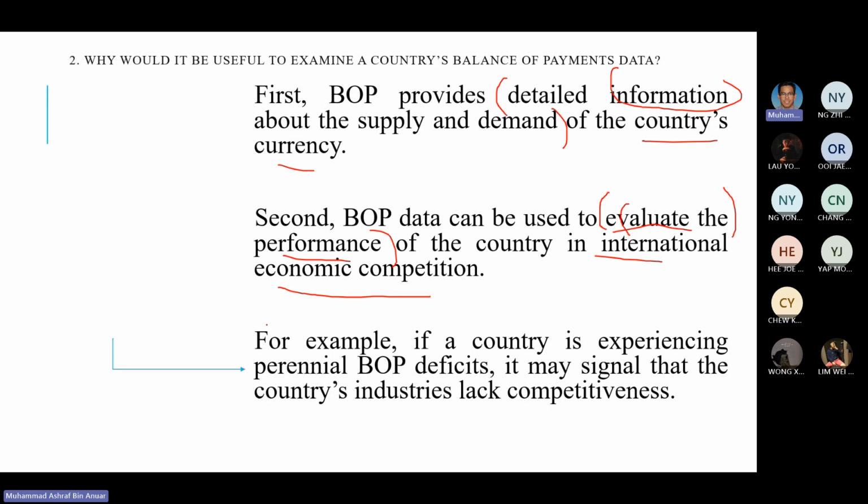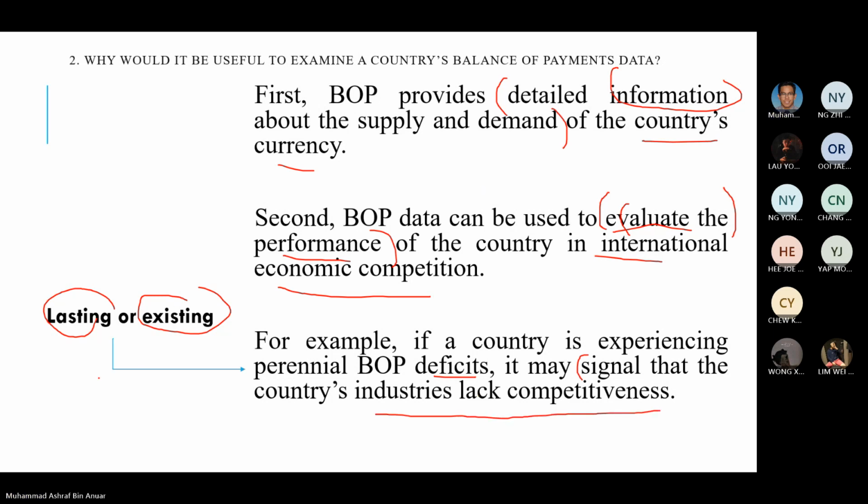Next, you give an example. If a country is experiencing perennial deficits, and perennial here refers to lasting or existing, it gives a signal that the country's industries lack competitiveness. Is it clear, guys? Clear, right? All right, then we proceed.